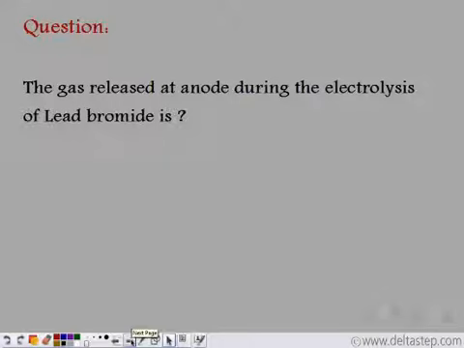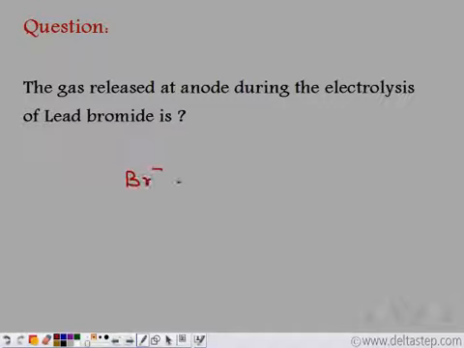So now the gas which is released at the anode during the electrolysis of lead bromide is, so we know there are 2 ions, that is the positive lead ions and the negative bromide ions. The negatively charged ions migrate towards the anode. So the bromide ion Br- migrates towards the anode.